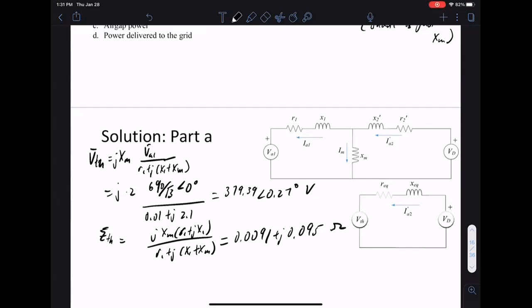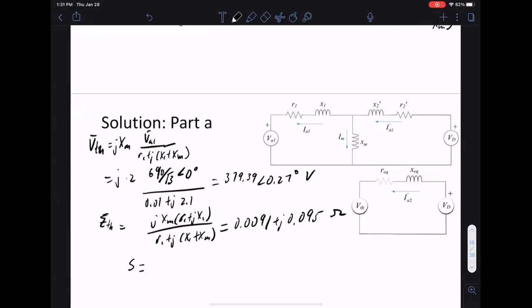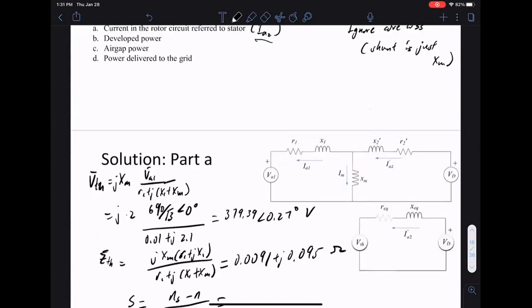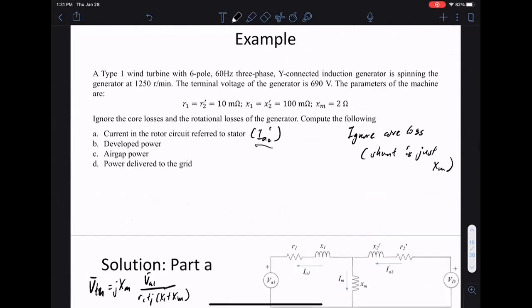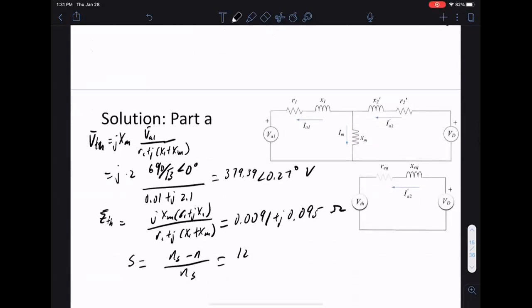And then we want to compute what the slip is. Slip is the synchronous speed minus the speed, over the synchronous speed, in RPM. This is a 6-pole machine, so the synchronous speed is 1200 RPM.